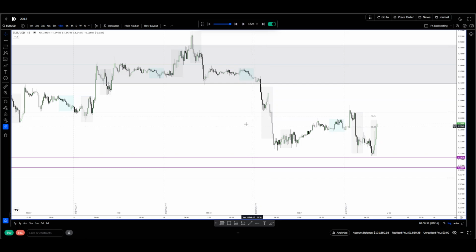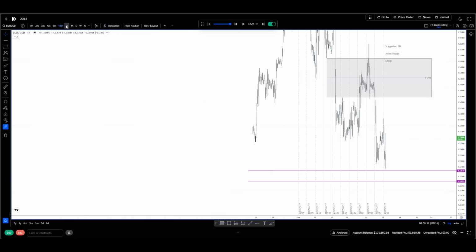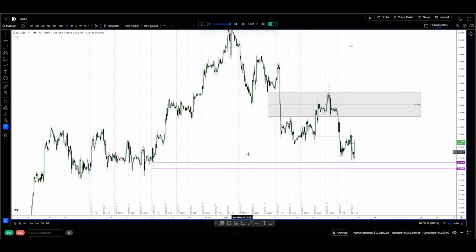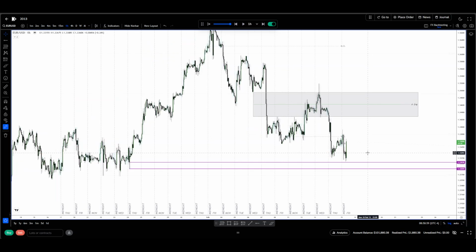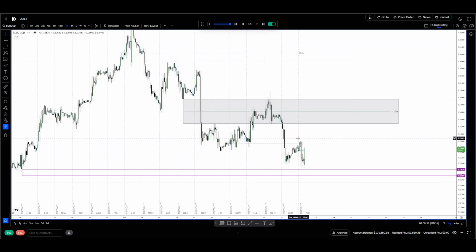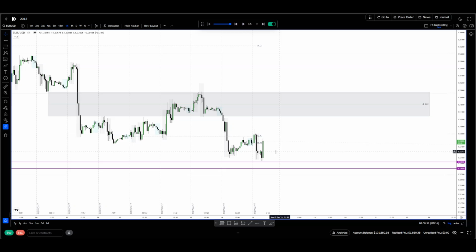Looking at the bigger picture here, probably maybe the 1 hour gives a better view, because the way you can look at it is this is the original consolidation, buy side of the curve, sell side of the curve. So we are now at this low. So for me, we are overall still bearish. So maybe the price wants to take out liquidity or fill in this inefficiency, one of the two things.